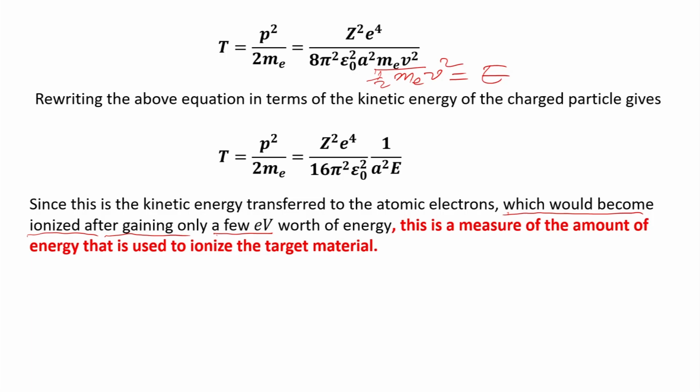So, what is that energy and what is its velocity, what is its approach distance, and what is the charge, everything will decide this energy transfer. So, this energy transfer is a measure of the amount of energy that is used to ionize the target material. This is important.